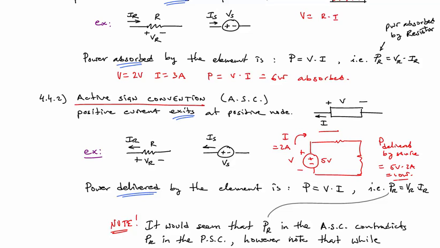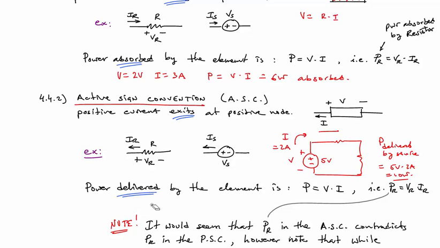So with active sign convention, if you label branch voltage and branch current that way, then when you calculate power using the product of those two, that power is interpreted as power delivered by that element.